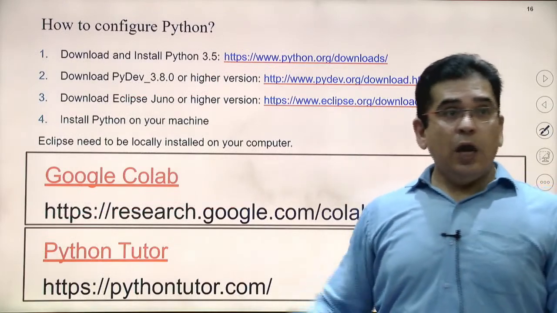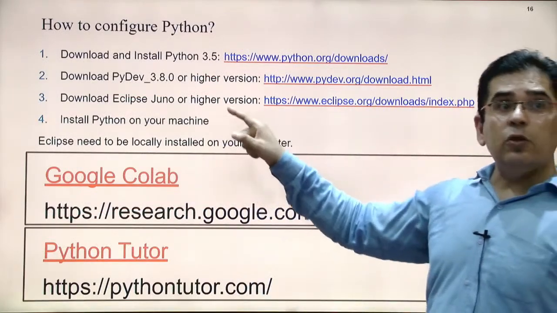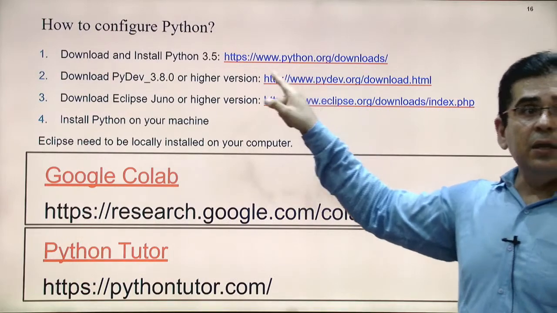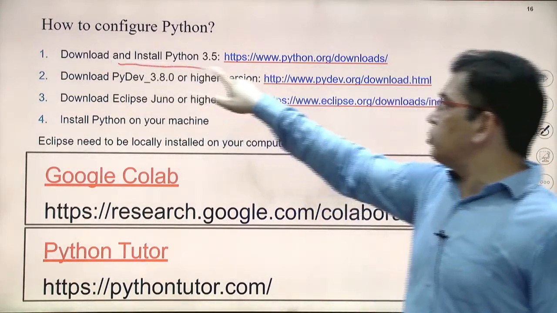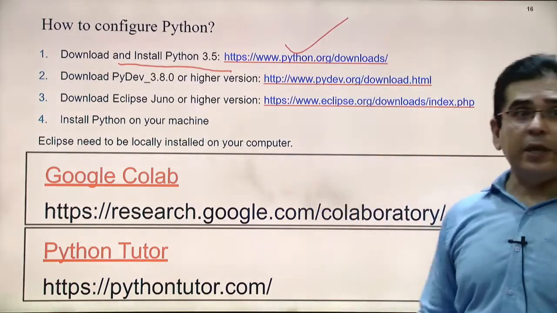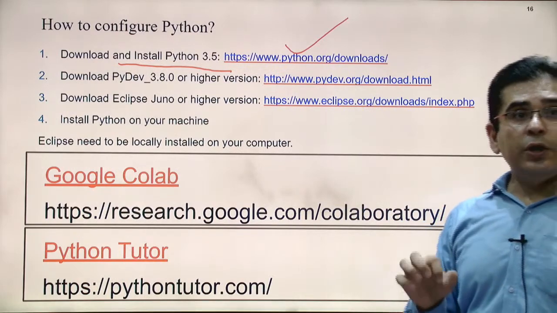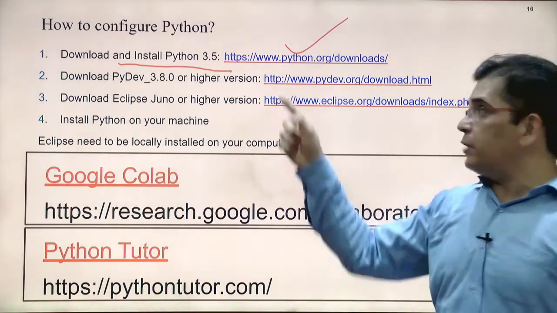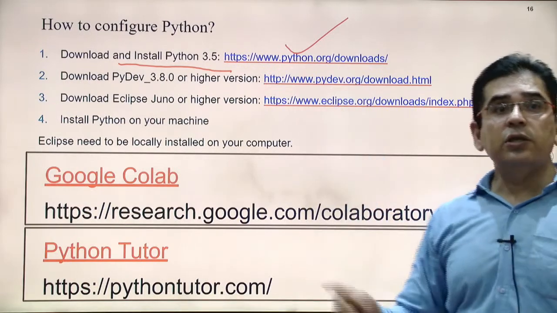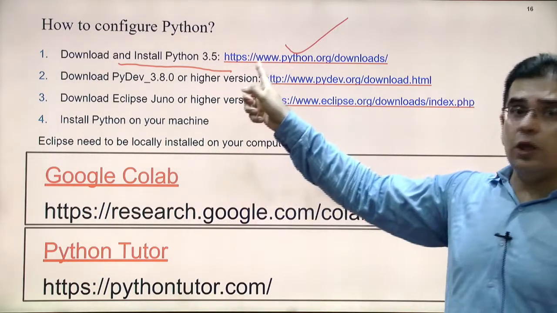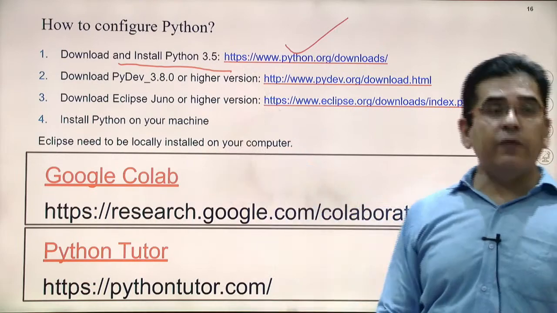Okay, now from where you can get Python, I have given the direct links here. You can download and install the Python 3.5 version from this link. The website used to download Python is python.org/downloads. You can get all the versions compatible with your hardware or software.